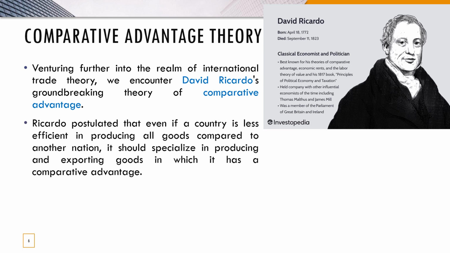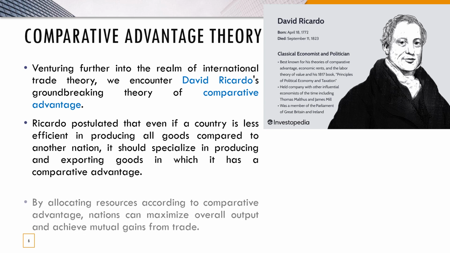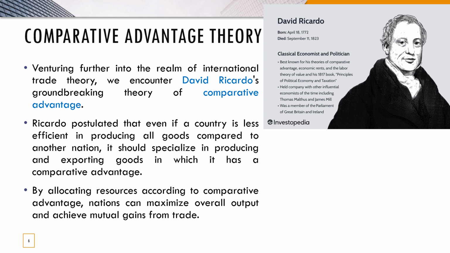Ricardo postulated that even if a country is less efficient in producing all goods compared to another nation, it should specialize in producing and exporting goods in which it has a comparative advantage. By allocating resources according to comparative advantage, nations can maximize overall output and achieve mutual gains from trade.